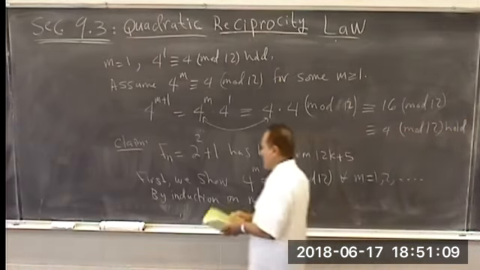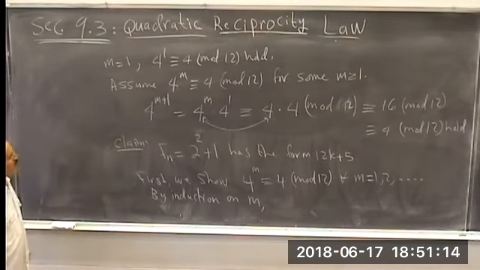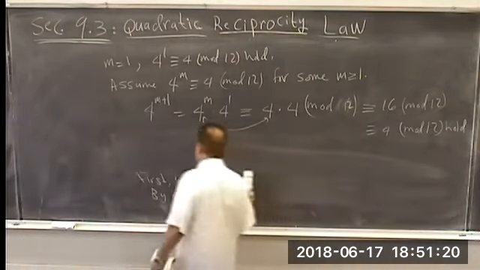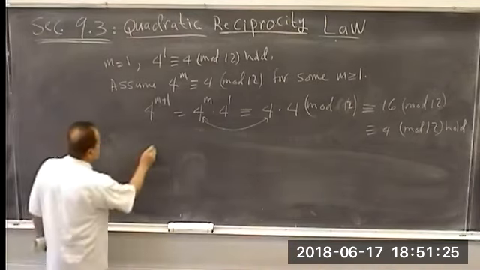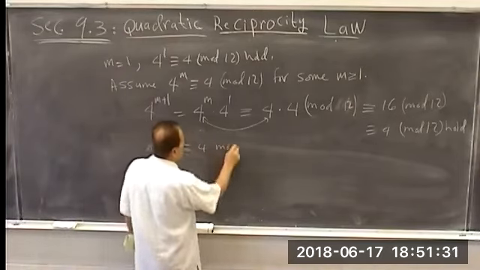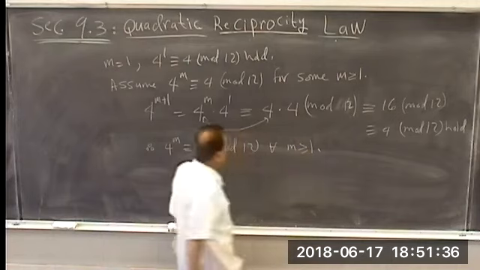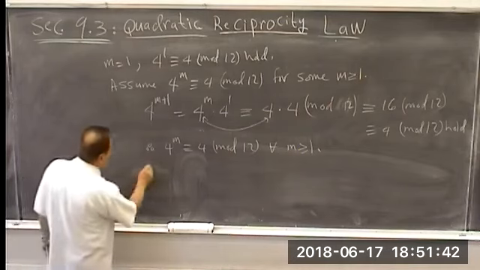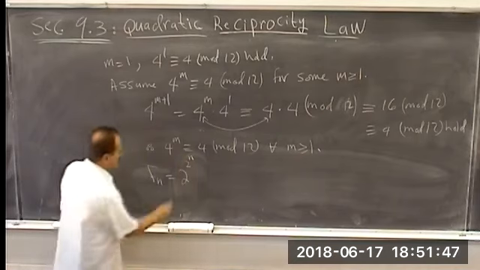Which means that by induction, the statement is true for every m. The net result, therefore, is 4 to the m is congruent to 4 mod 12 for every m greater than or equal to 1. Now let's look at the Fermat number Fn equal 2 to the 2 to the n plus 1.